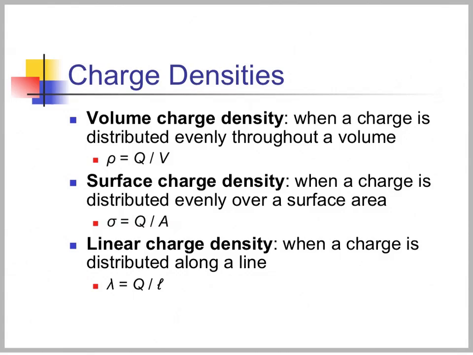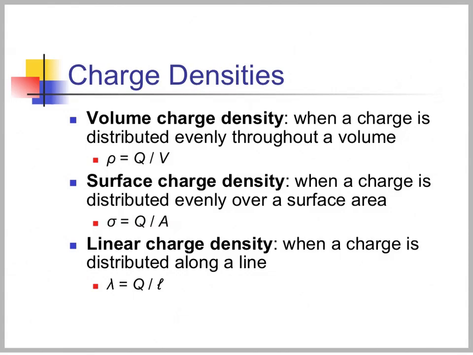So a volume charge density is, if I have a charge distributed evenly throughout a volume, then the volume charge density, rho, is the total charge over the total volume. Of course, I can also have charge over a surface, and then I'd get something called a surface charge density. So when that charge is distributed evenly over a surface area, the surface charge density, sigma, is equal to the total charge over the total area.